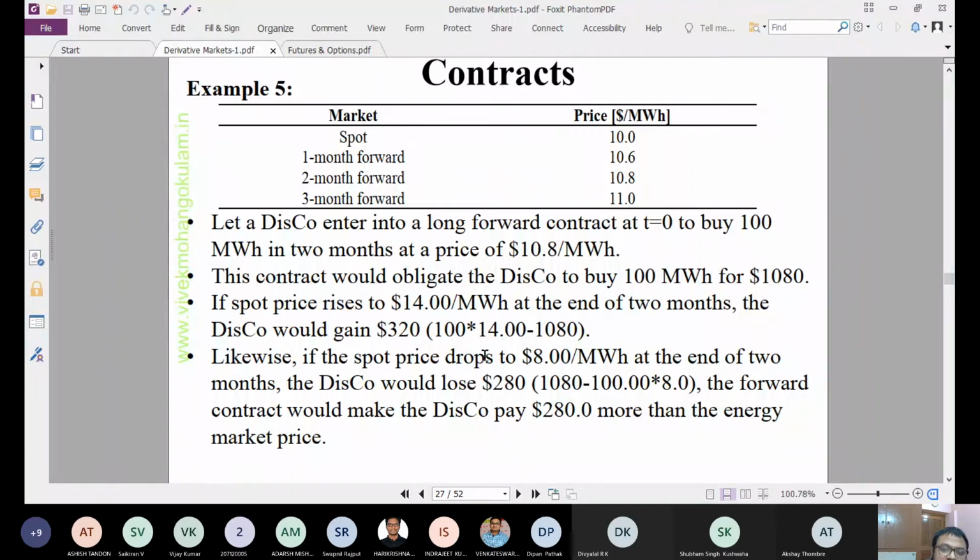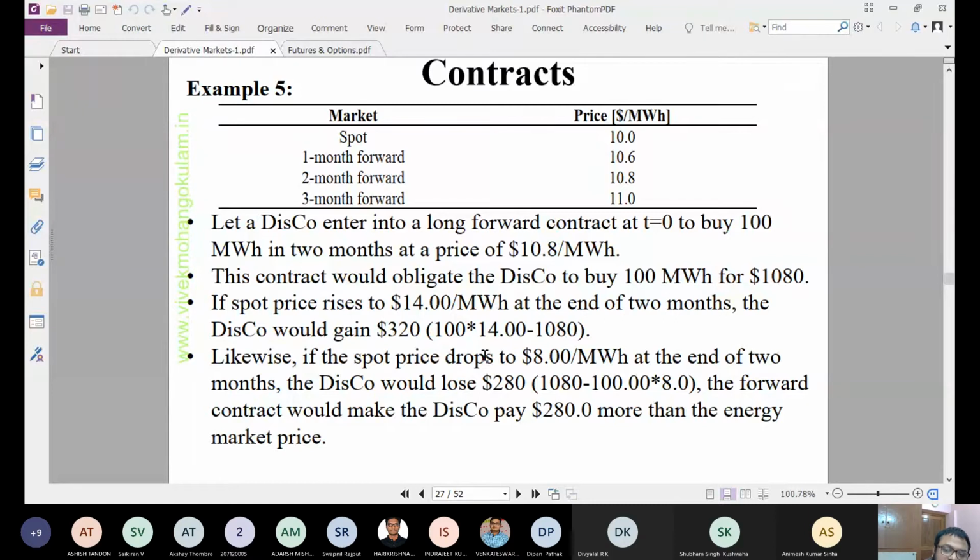So if the spot price rises to $14 per megawatt hour, then what will happen to the buyer? What will happen? Buyer will be in profit, sir. Yes, because the actual spot price is $14 per megawatt hour in the exercising period, but he can get it at $10.8 per megawatt hour.